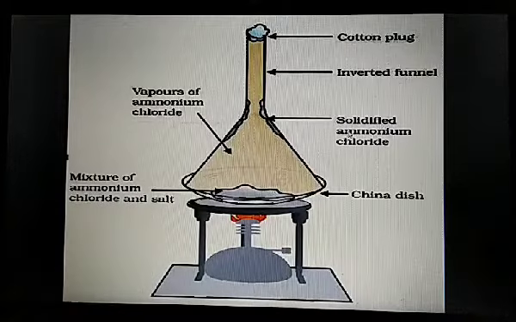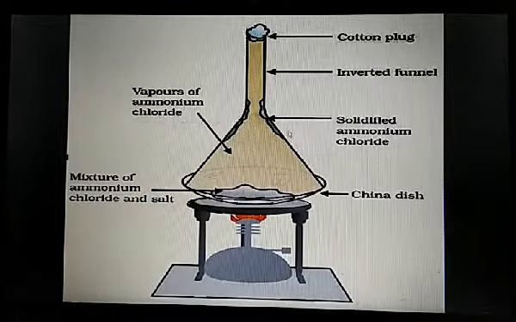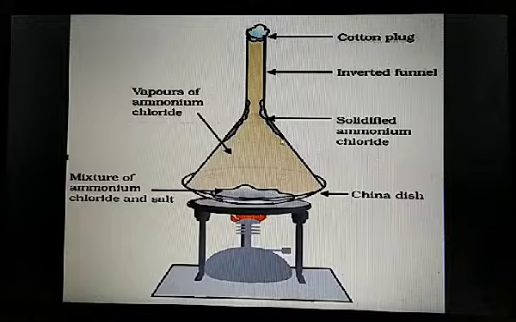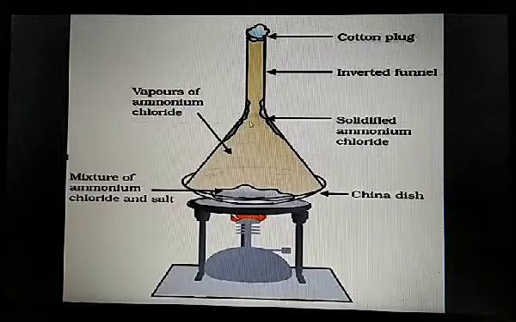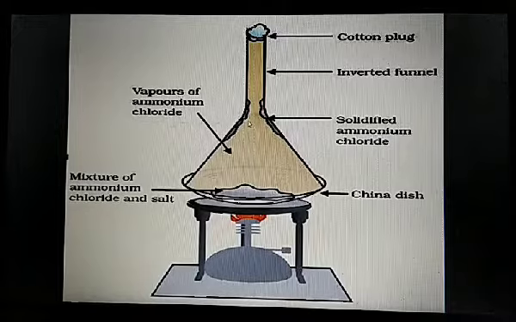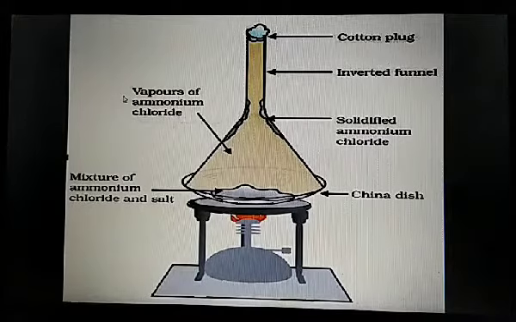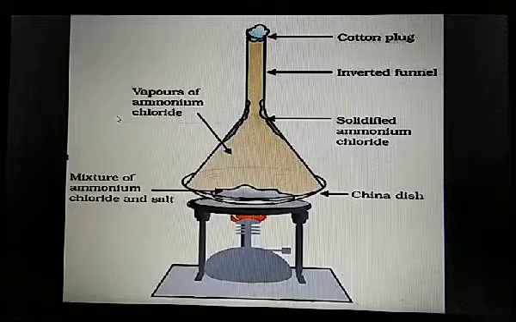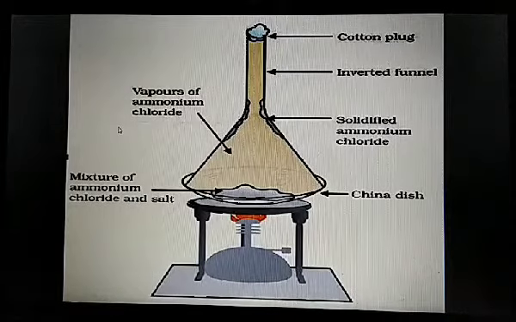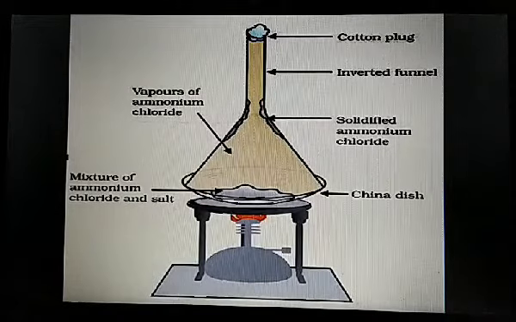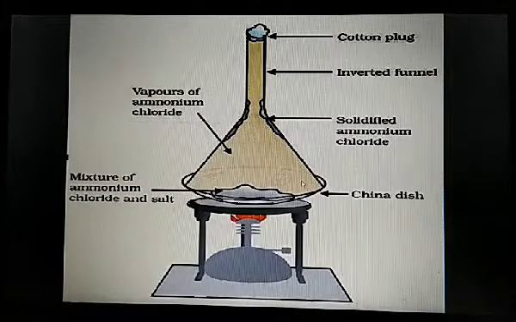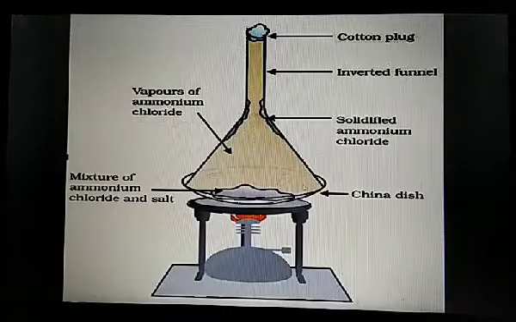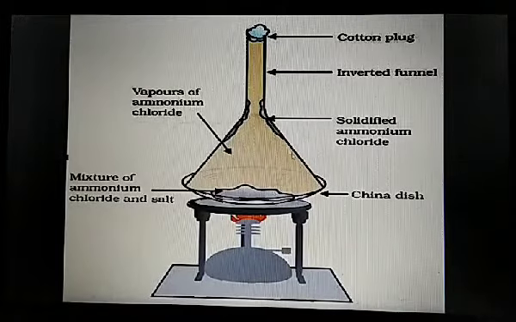So here it's written solidified ammonium chloride, that means this is ammonium chloride. Once you see that the whole of the ammonium chloride has escaped out, take out this funnel from here and let it cool down for some time. When you observe the inner lining of this funnel, you will find a thin layer of ammonium chloride has deposited on the inner surface.